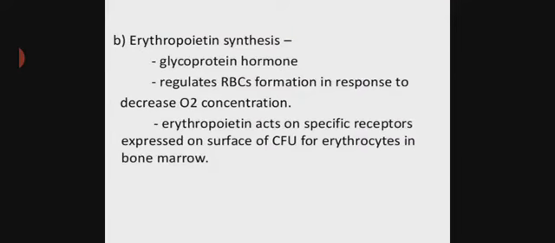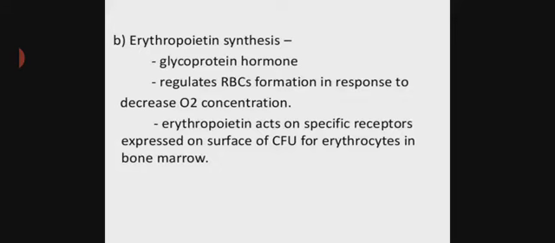It also secretes another hormone called erythropoietin, which is a glycoprotein hormone, which regulates the formation of RBCs in response to decreased oxygen concentration. So whenever there is a low oxygen concentration in the environment, immediately this glycoprotein hormone called erythropoietin is released by kidney.